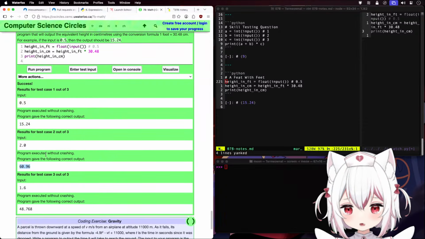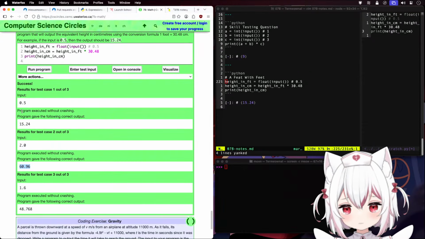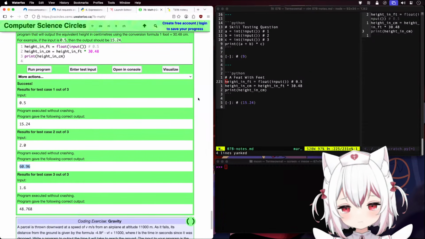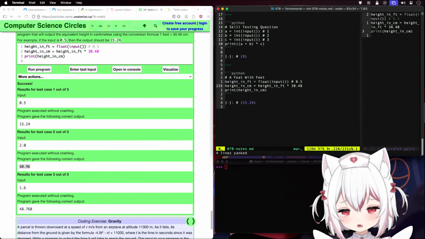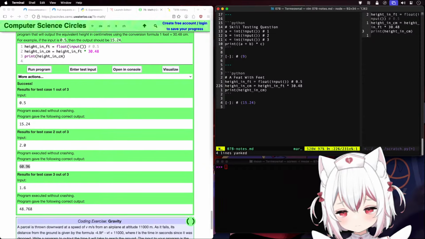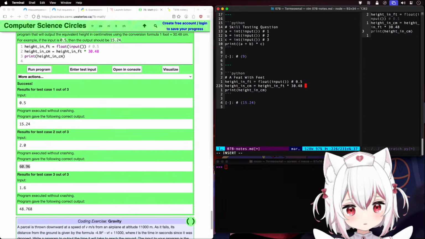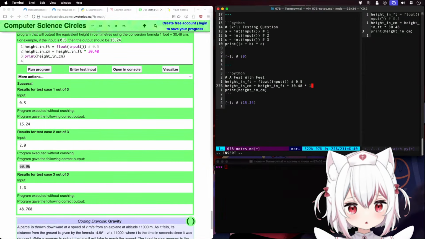Is that just a coincidence because of the numbers, or does it have something to do with it? If I added one more thing, like times 0.1 or something.